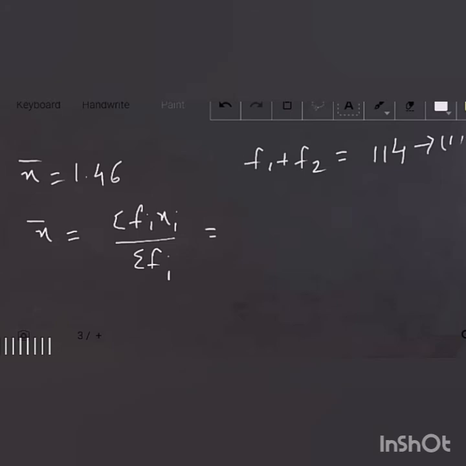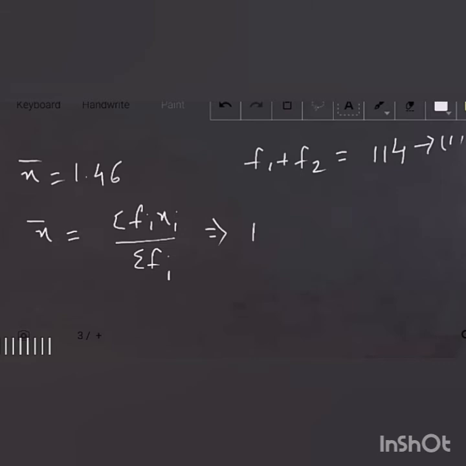Given x bar equal to 1.46, and according to the formula, x bar equals sigma fi xi by sigma of fi. The sigma fi xi value we know, the x bar value we know, and the sigma of fi value we also know.